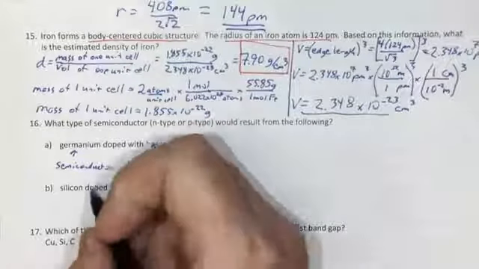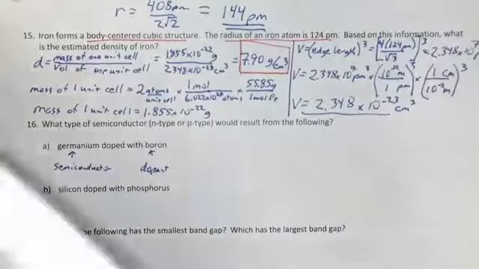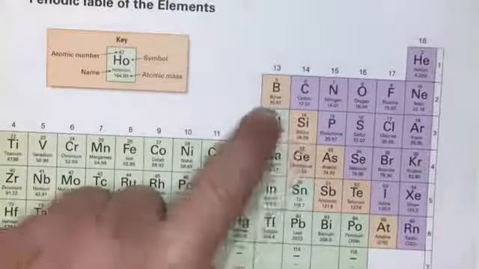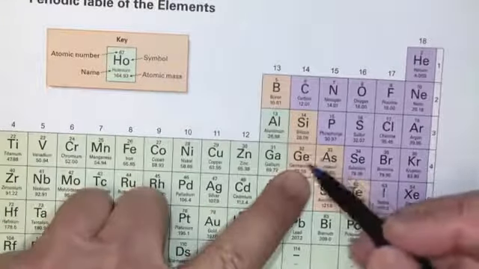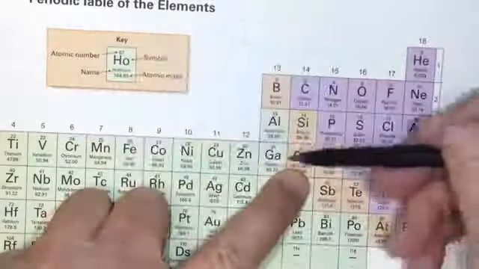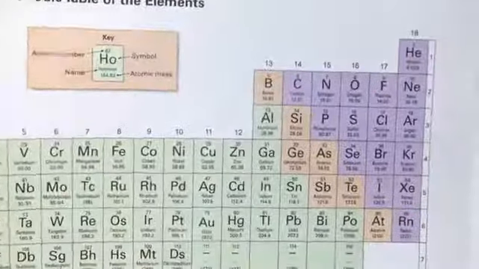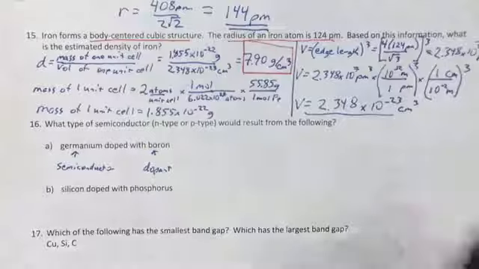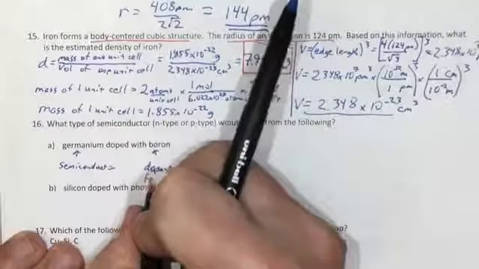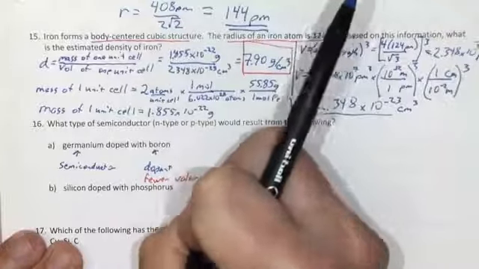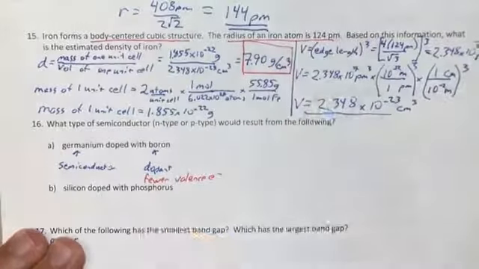Now, as I look at germanium on the periodic table, here's germanium, and we're going to dope it with boron. Germanium has 4 valence electrons, 4s2, 4p2. Boron has 3 valence electrons. It has fewer valence electrons than the semiconductor.